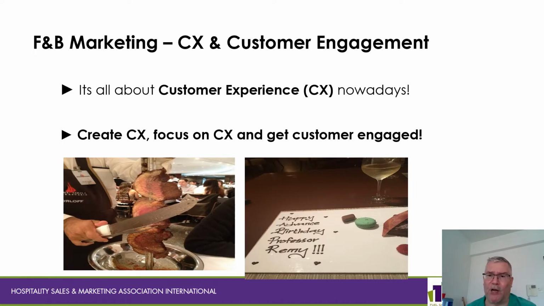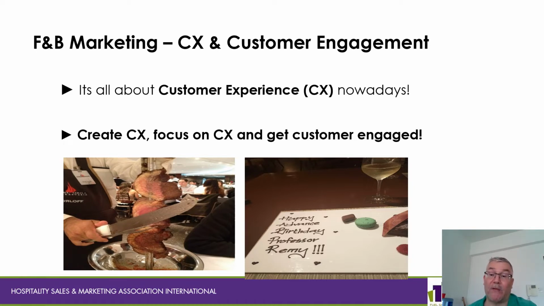The buzzword nowadays is customer experience. It's all about customer experience. And customer experience is a very fluffy word. It's sometimes difficult to define. It is the way customers experience their time at your F&B premise. And it is the food experience, yes. It's a service experience.